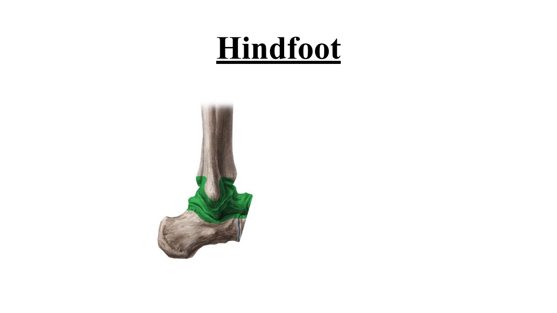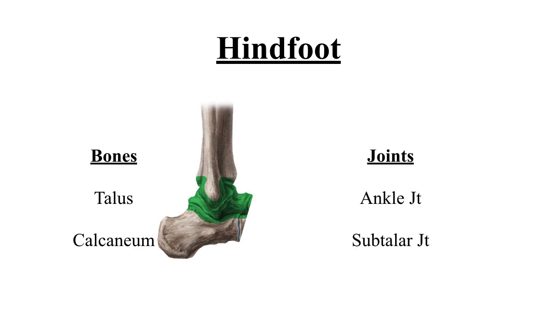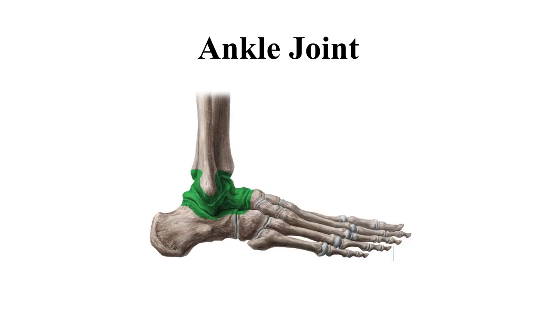The hind foot has two bones, the talus and calcaneus, and it has two joints. This is the tibiotalar or the ankle joint, and this is the subtalar joint, or the joint below the talus. We'll first discuss the ankle joint or tibiotalar joint.